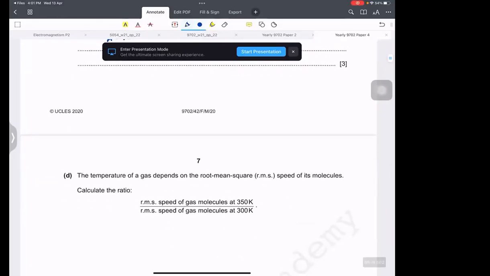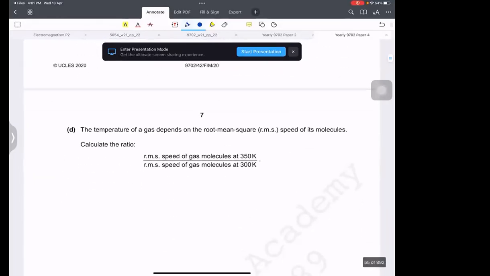Then it says the temperature of the gas depends on the RMS speed. RMS speed of this, RMS speed of that. Okay, that's not difficult. I think kinetic energy is given by 1/2 m c square. उन्होंने कहा गैस का, so इसको हम गैस लिखना पड़ेगा. Nm c square equals to 3/2 NkT, right? So it says RMS speed. Well, if you see all, this is constant, this is constant, constant, constant.